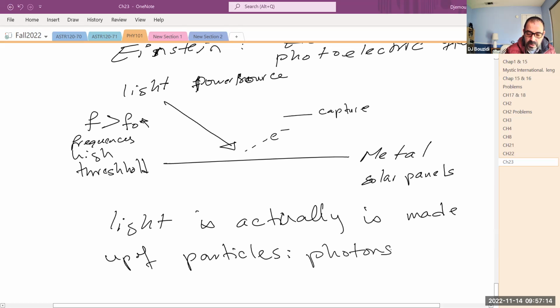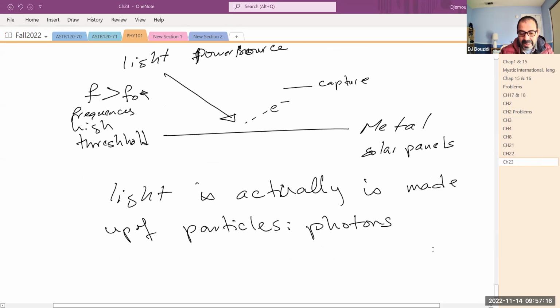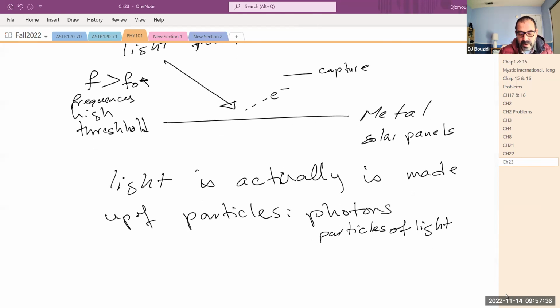That's the first time the word photon was made up, mainly the particle of light. That's what photons stand for. They are particles. So when you see ON, that means it's a particle, but photo in this case is light. So photons of light, just like electrons, particles of electricity. That's basically where the word came from.